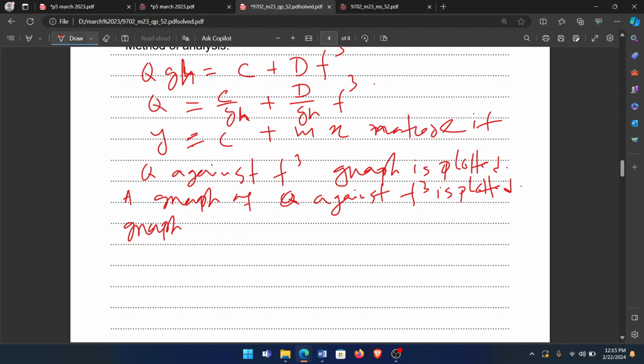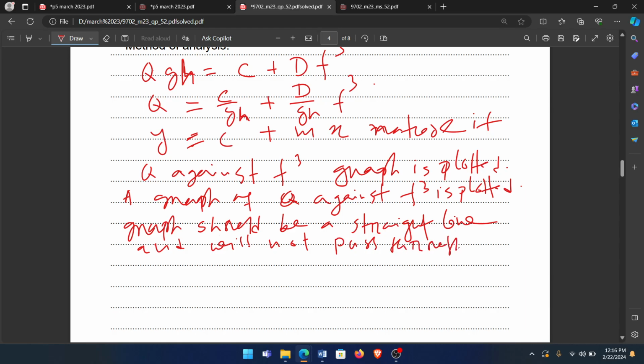Graph should be a straight line with dotted line, will not pass through origin.